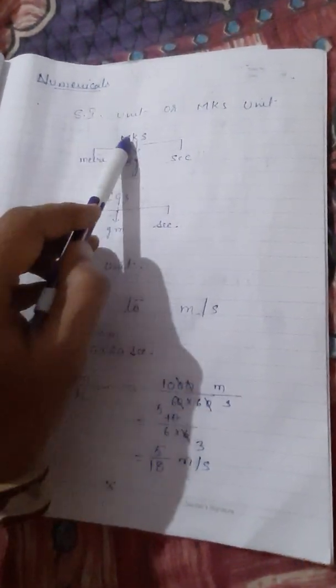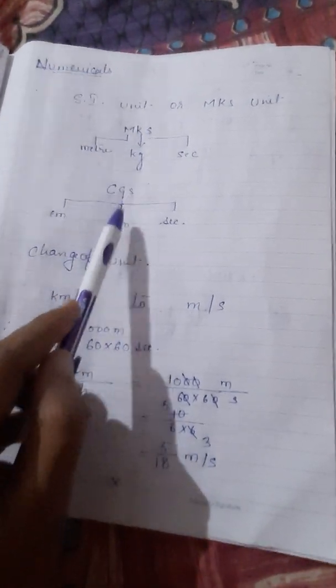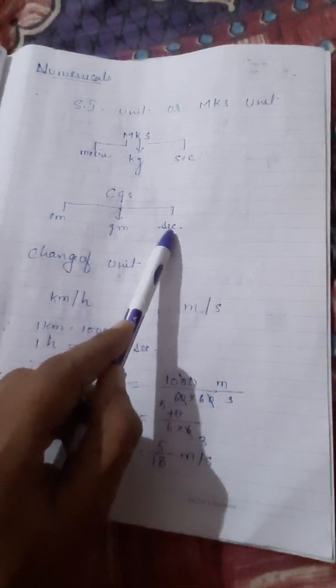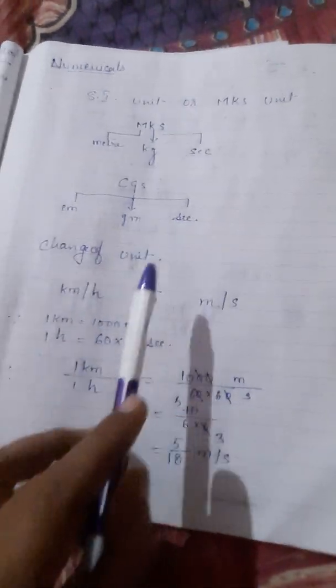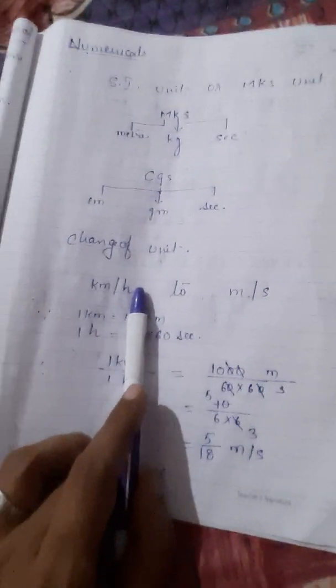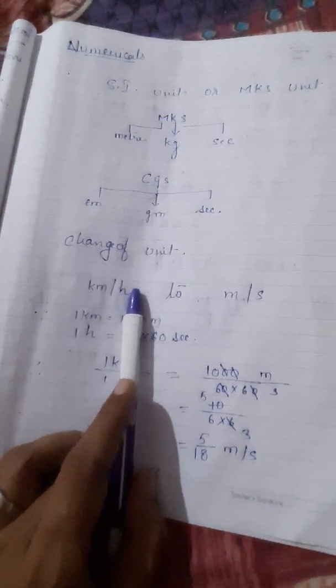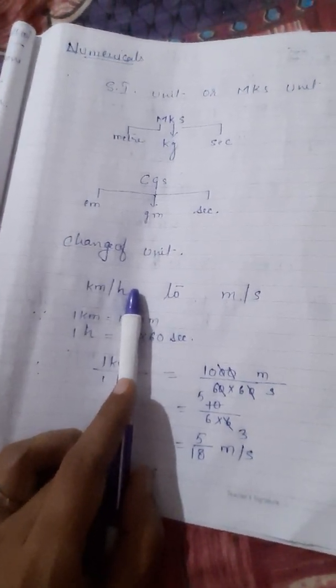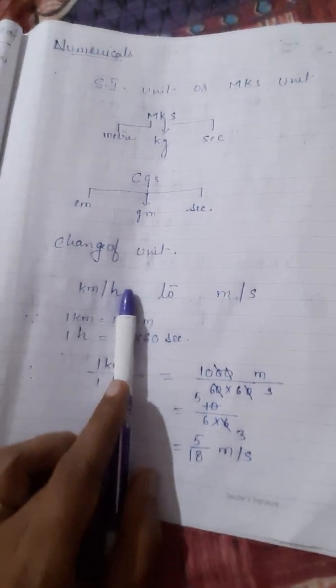This is also known as the SI unit system. In CGS, C stands for centimeter, G stands for gram, and S stands for second. Whenever we are solving a numerical, all the quantities given should be in the same system of units.